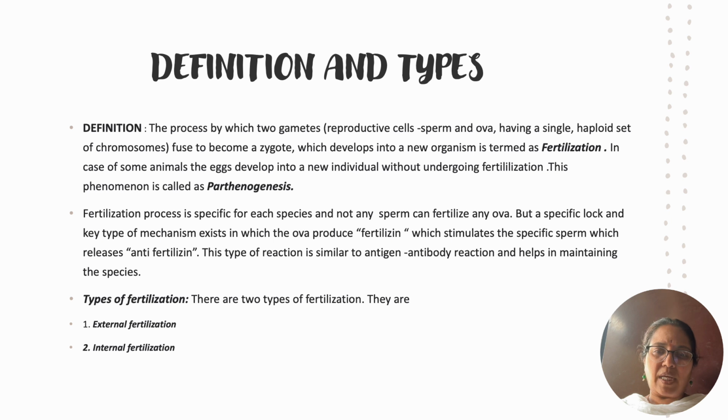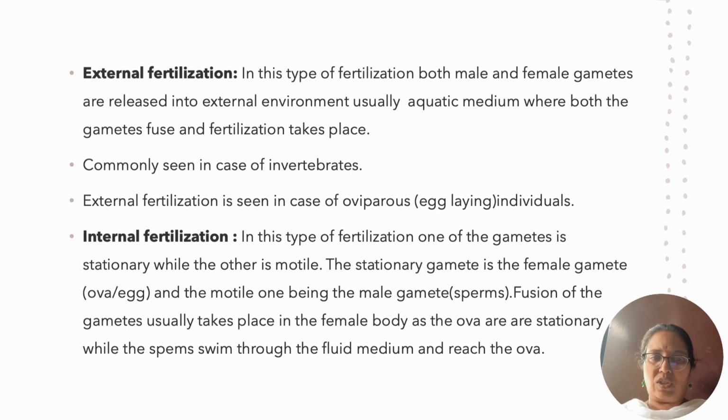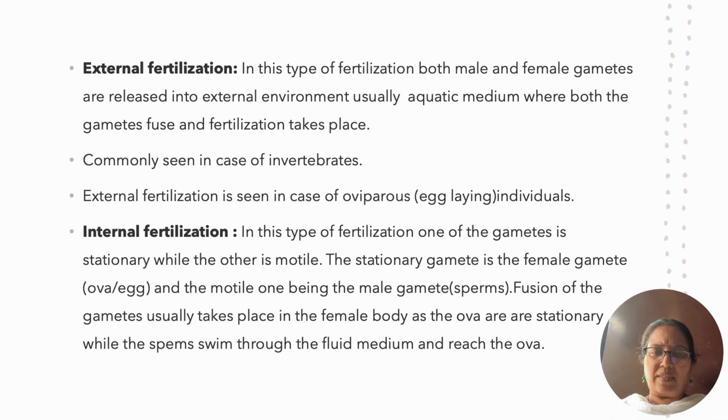Now, coming to the types of fertilization, there are two types: external fertilization and internal fertilization. External fertilization: in this type, both male and female gametes are released into the external environment, usually an aquatic medium, where both the gametes fuse and fertilization takes place.